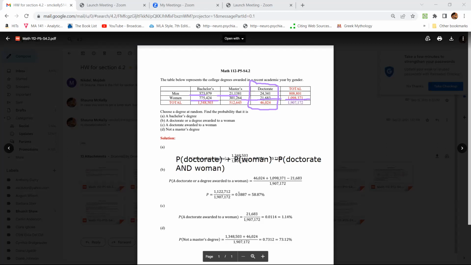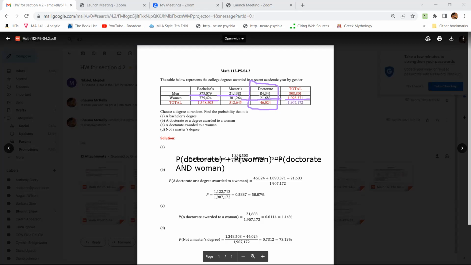Let me put it on the screen. So the probability of having a doctorate is 46,024 over the total, which is the purple number, 1,907,172, plus the probability that you're a woman, which is 1,098,371, divided again by the total.